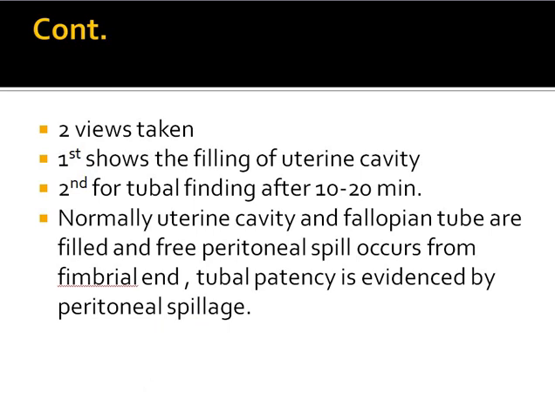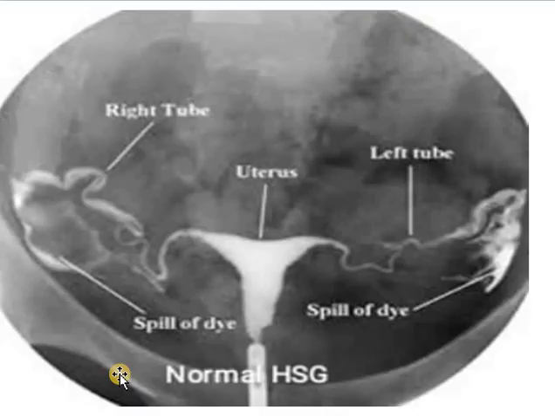Now see the reports. Here we will see some HSG reports so that we are able to understand things better. This is the normal HSG report. This is the normal structure of the uterus. Both the tubes were open. The uterine ostium was open, that's why the radiopaque dye entered the fallopian tube, and from the fimbrial end it has spilled into the peritoneal cavity.